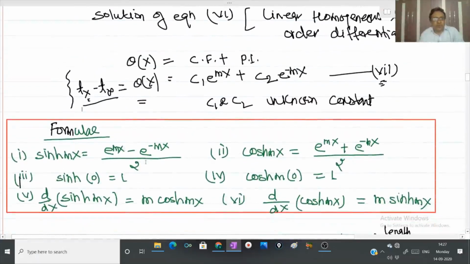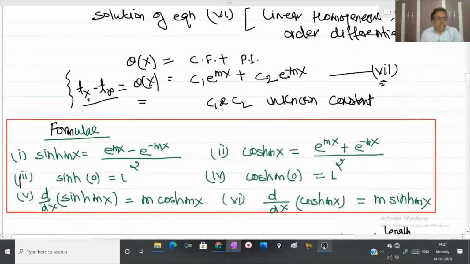These are some of the formulas to be used in the subsequent discussion. They all are hyperbolic formulae. Sinh mx is equal to e to power mx minus e to power minus mx over 2. Cosh mx is equal to e to power mx plus e to power minus mx over 2.